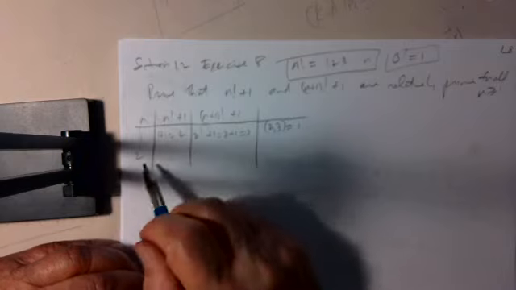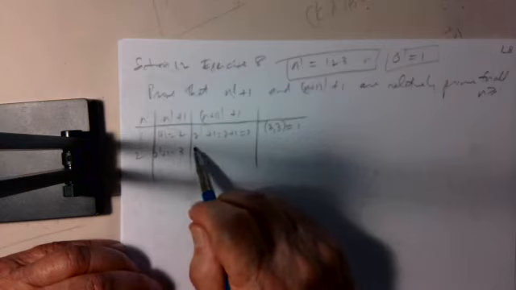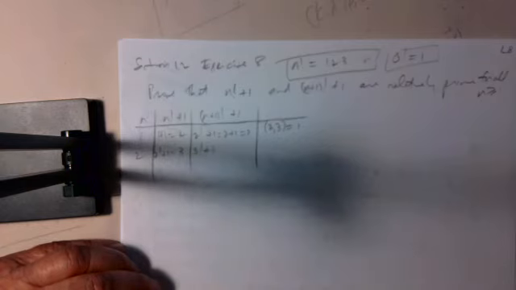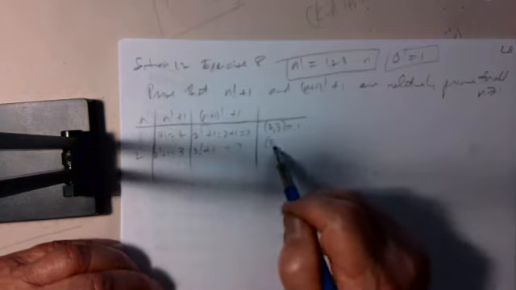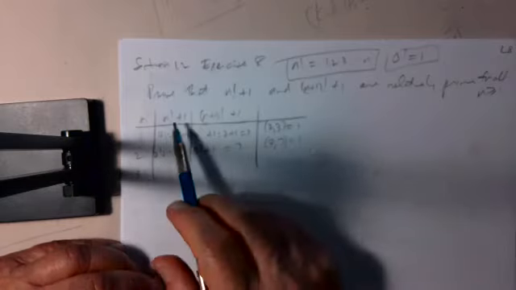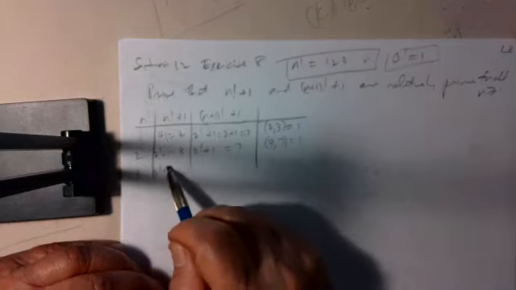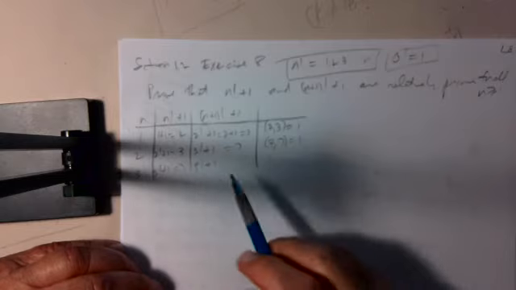What about when n is 2? 2 factorial plus 1 is 3. What is 3 factorial? 1 times 2 times 3 is 6, plus 1 is 7. And 3 and 7 are relatively prime. What about when n is 3? 3 factorial plus 1, we just saw, was 7. 4 factorial plus 1. What is 4 factorial equal to? Can someone tell me? 24.